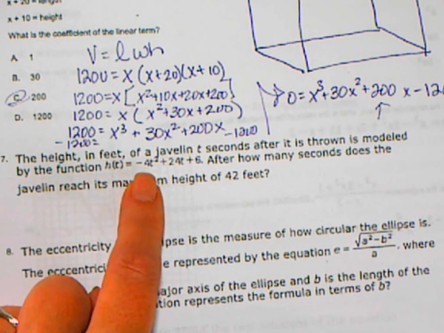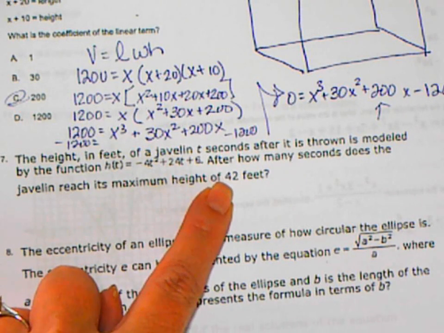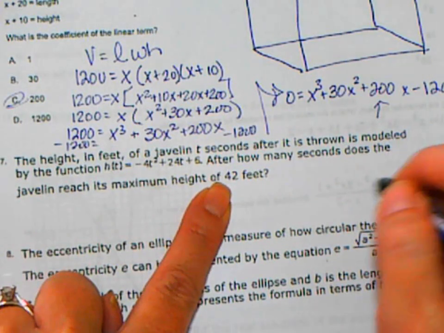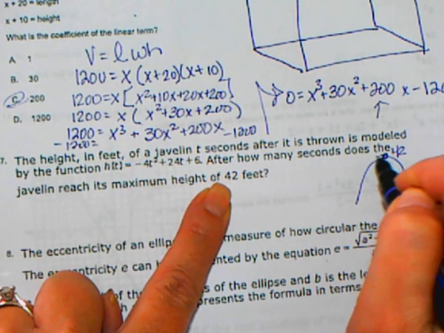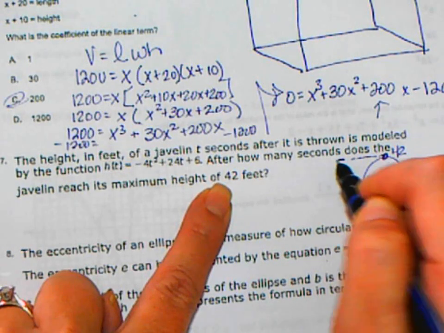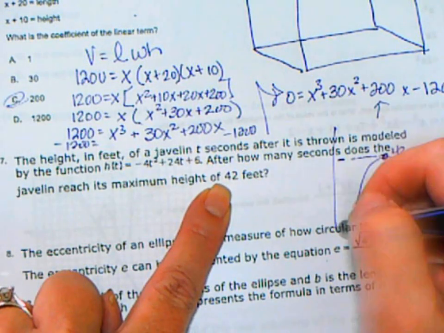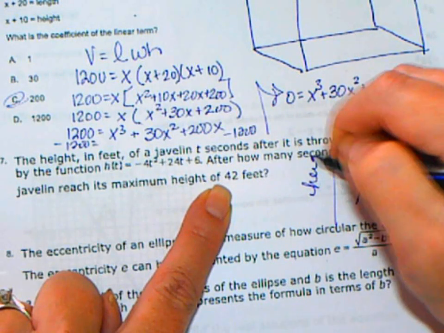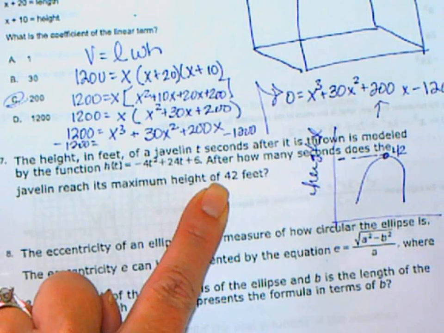It tells us that the maximum height is 42 feet, and they want to know when it reaches that maximum height. So I would graph it. We obviously know that our parabola is opening down, right? If it gave us a maximum of 42, remember that's our y value. So our y value must be our height on our y-axis, so our x-axis must be our time.